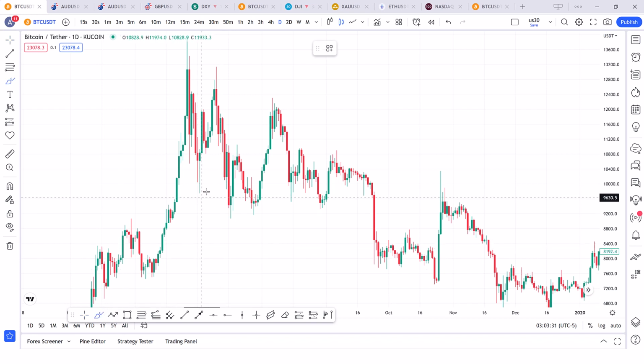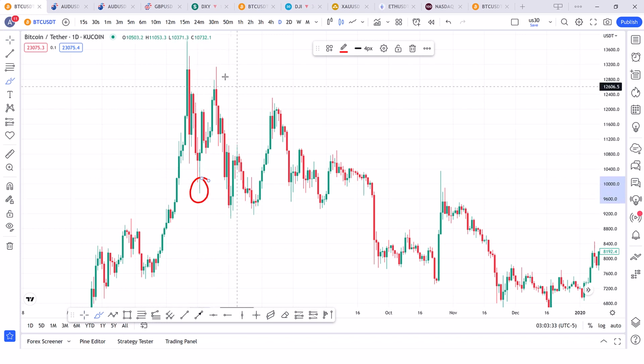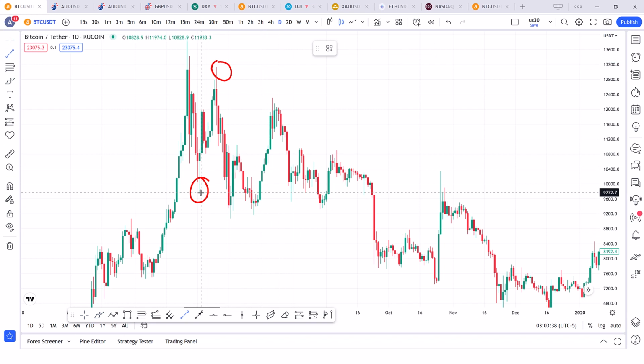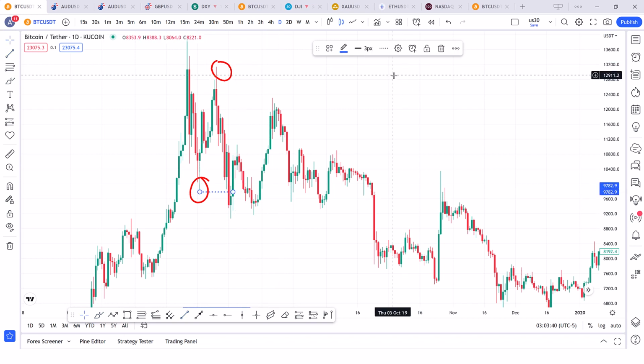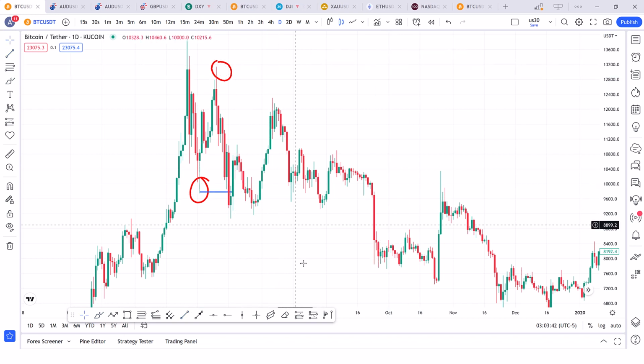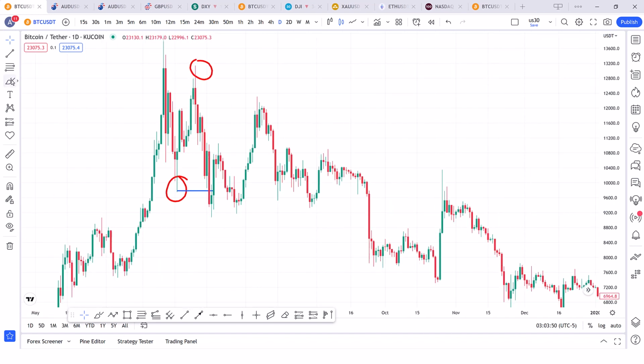I mean, we have the last swing low and the last swing high from here to here, and now we can see that the market broke its low.